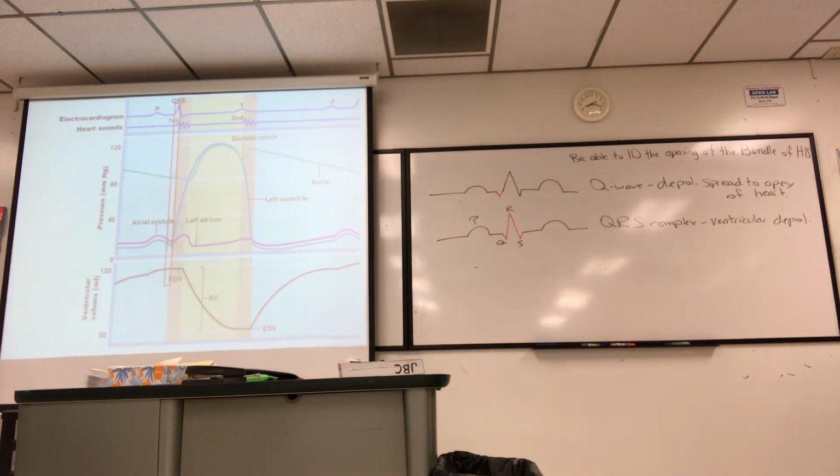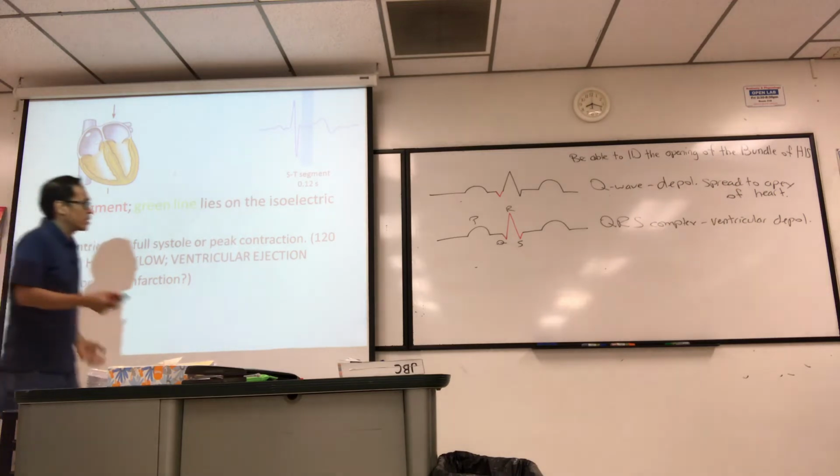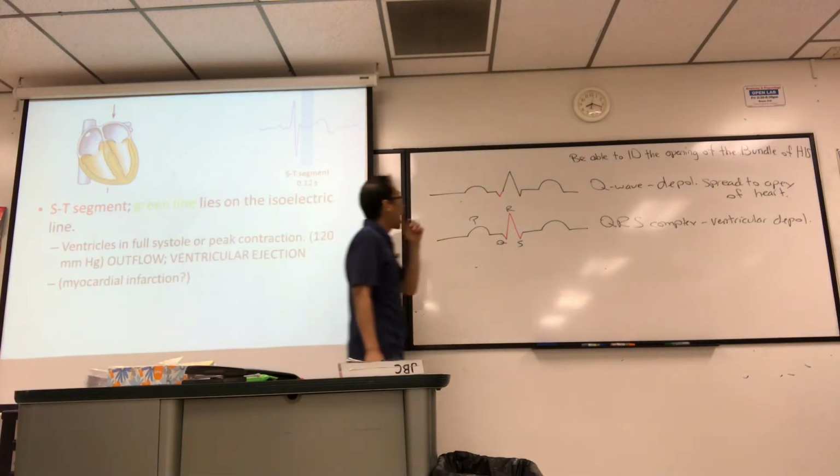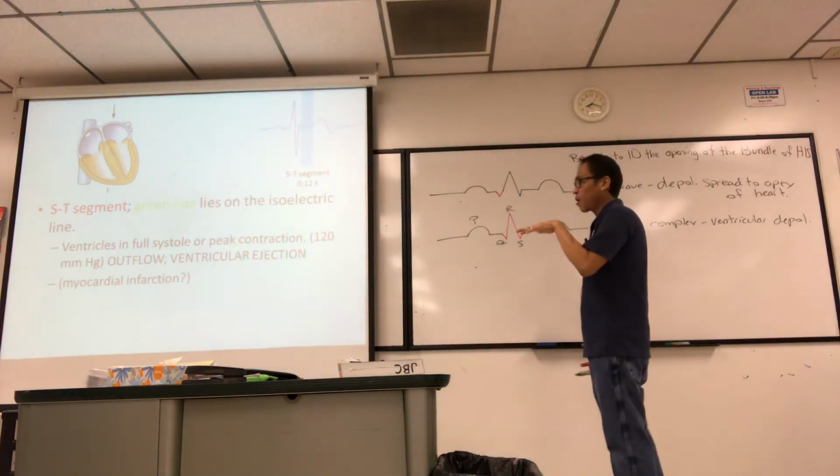When you make the ventricles contract, what comes after that big spike is a segment that should be on the isoelectric line. Again, that doesn't mean nothing's happening. It just means the signal is perpendicular to your lead, which makes sense, right? That's how the heart sits on the chest.